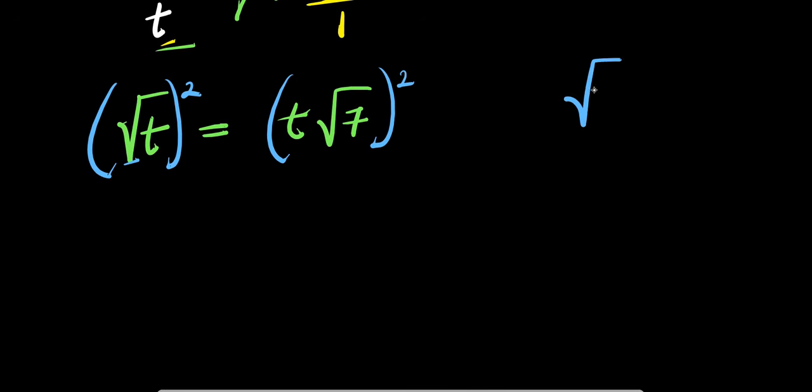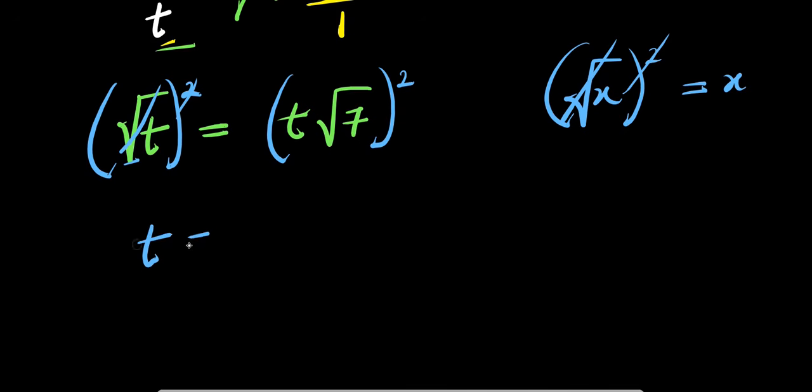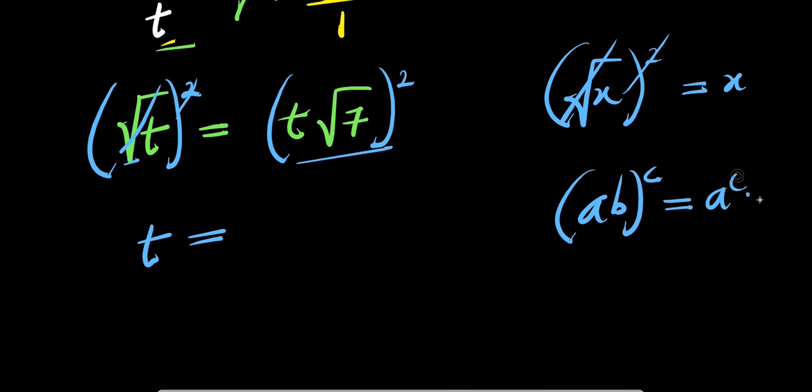If you have square root of x raised to the power of 2, this equals x because this cancels this. So this definitely cancels this. We have t equals, for this, if you have a times b, power c equals a power c times b power c.